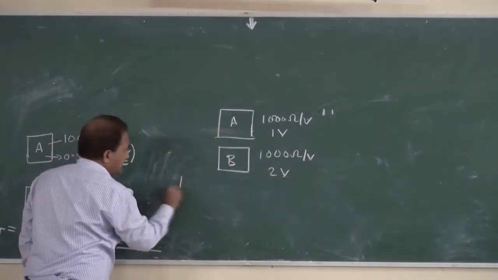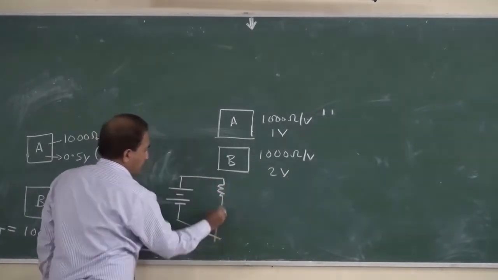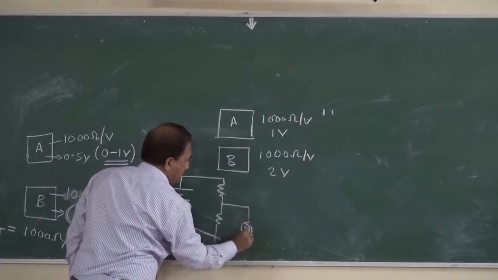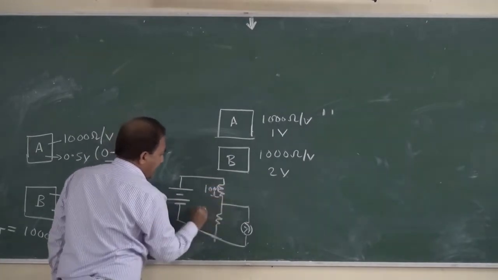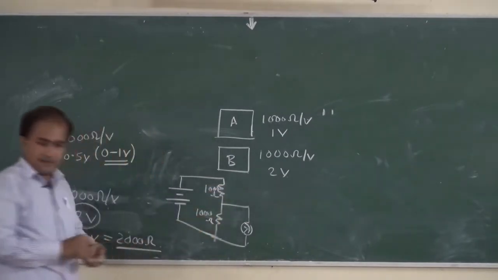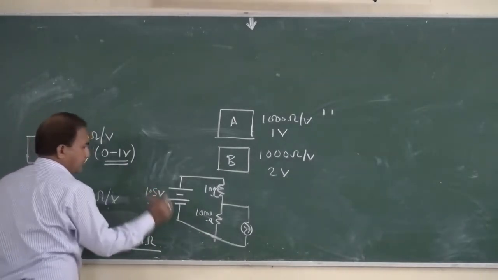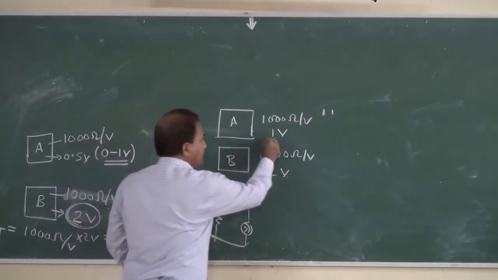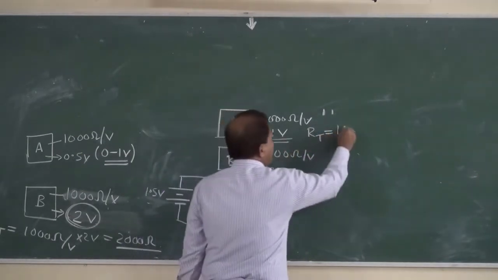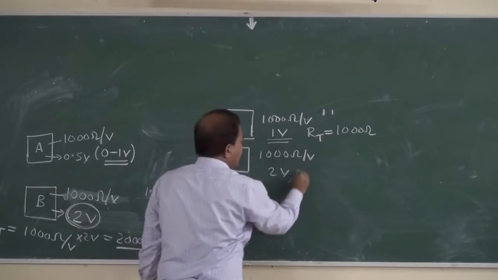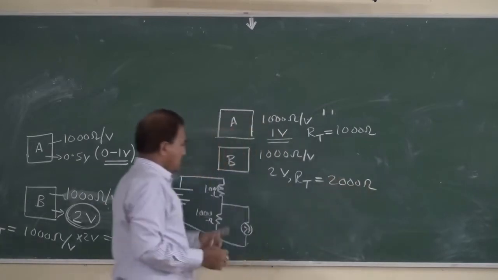Then in the same circuit, say this is 1000 ohm and this is 1000 ohm and this is at 1.5 volt. Now you have seen that for this, RT, the total resistance of the meter, is equal to 1000 ohm, and here the total resistance of the meter is equal to 2000 ohm.